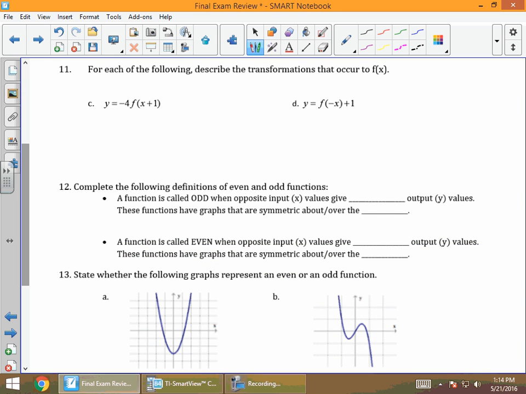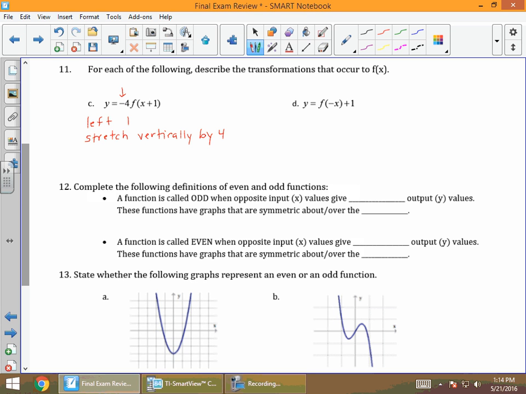For C, we look inside the parentheses. Inside the parentheses, I see plus 1. That's the opposite. It's in parentheses, so left 1. The 4 is outside. That is a stretch. It's outside, it's y, so vertically by 4.